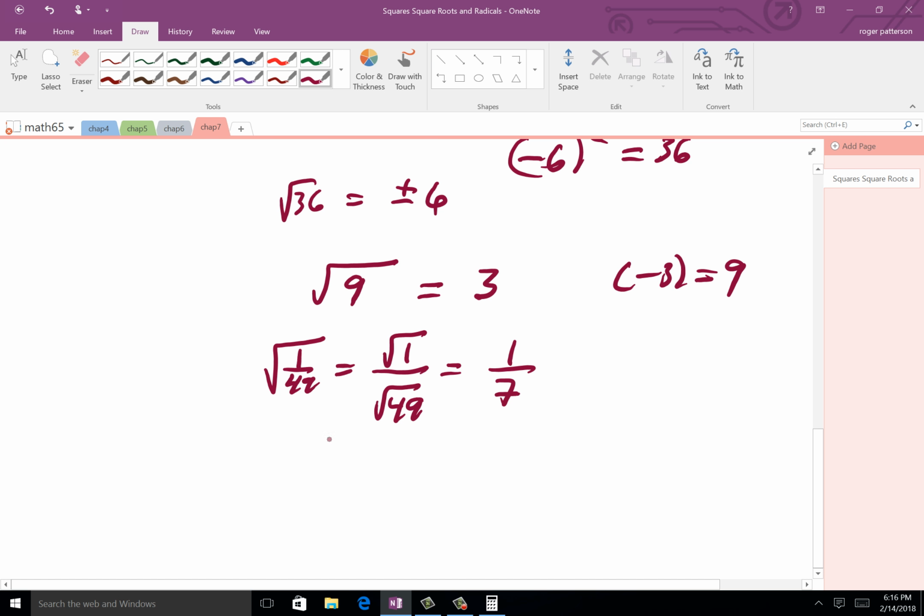So if you have a situation like that, you're just going to square root both of them. Same thing if we had 1 over 4, square root of 1, square root of 4. You can do that part in your head. You can kind of divvy it up and figure it out.